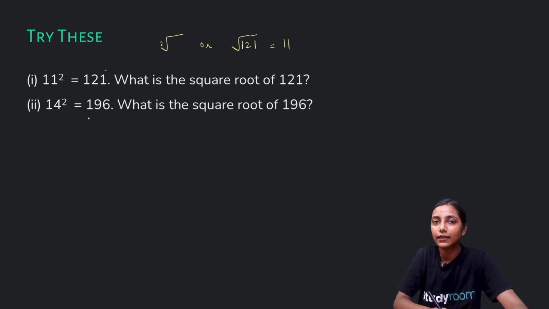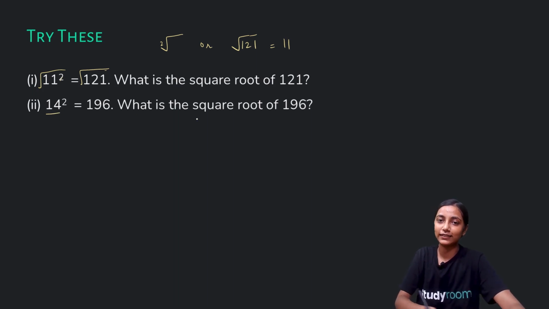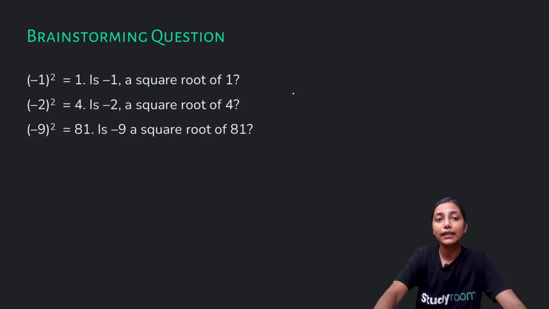When we take square roots on both sides, the power of 1 by 2 cancels out and the answer comes to be 11. Similarly, what is the square root of 196? Since 14 square is 196, the square root of 196 is 14. This is very simple, but as we move further, we'll see some methods for finding the square roots.